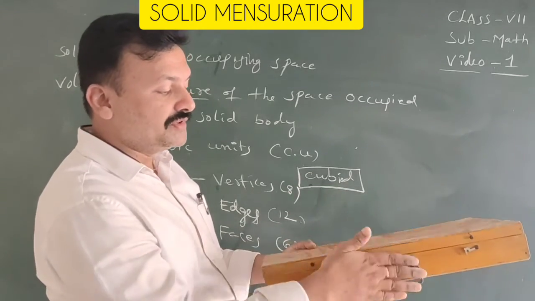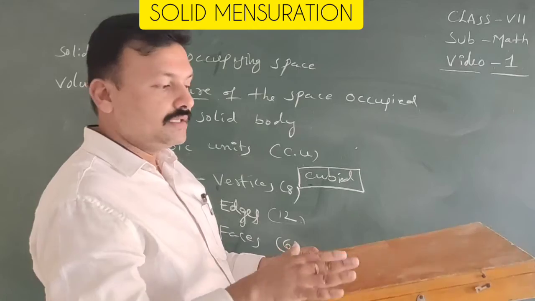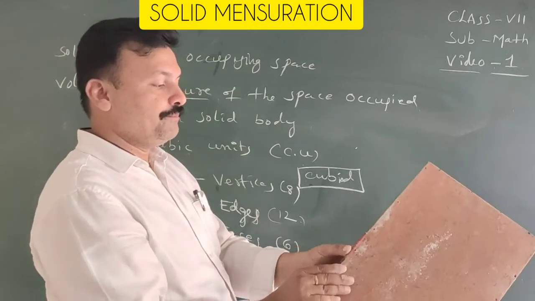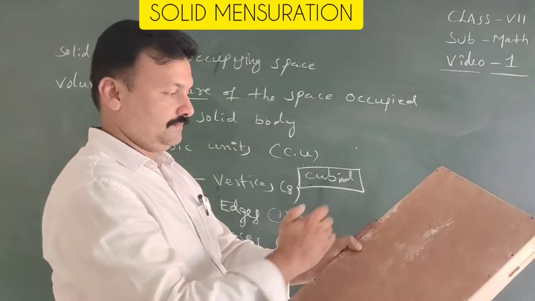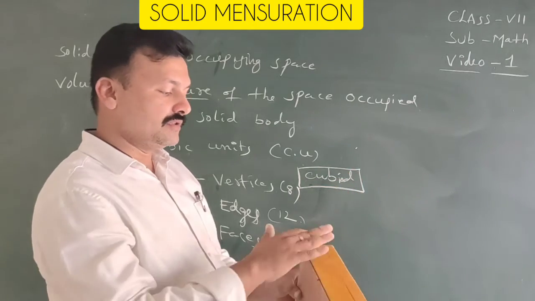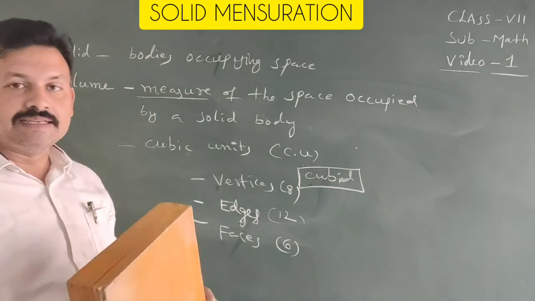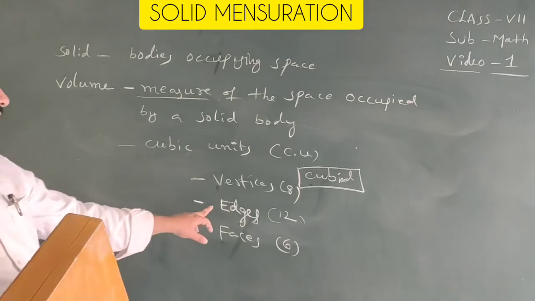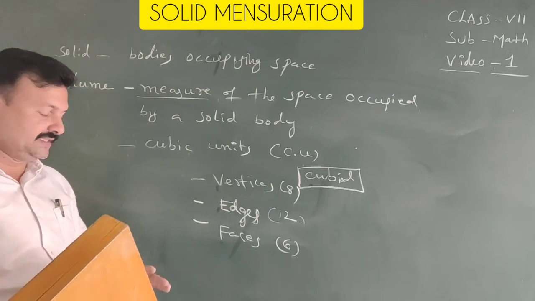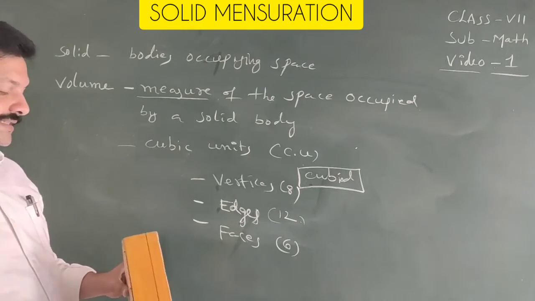Where two faces meet, that is called an edge. Here 4, here also 4, here also 4. In total, it has 12 edges. Next, 6 faces.